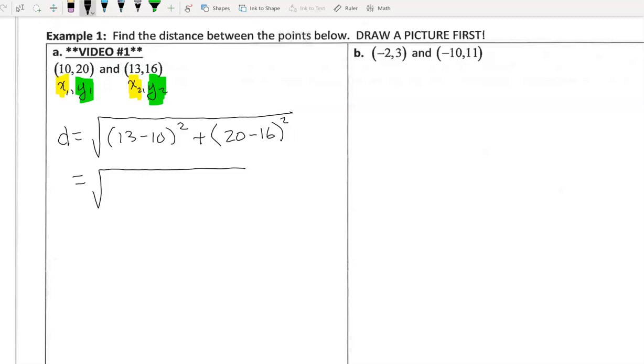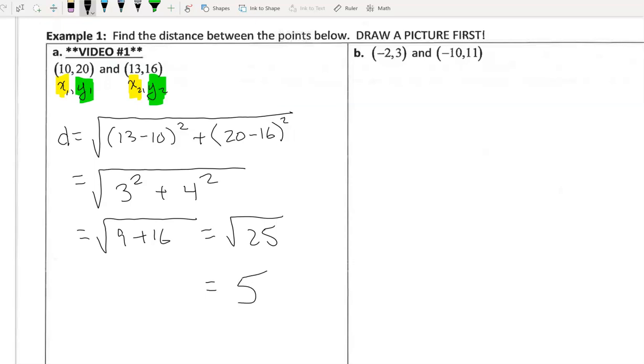So 13 minus 10 is 3, so that's 3 squared. 20 minus 16 is 4, so that's 4 squared. So I get the square root of 9 plus 16 is equal to the square root of 25. And if you don't remember that 25 is a square number, you can go ahead and do a tree because we want simplified radical form. And we get that the distance between these 2 points is 5 units.